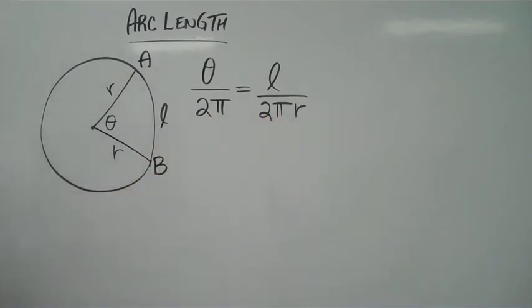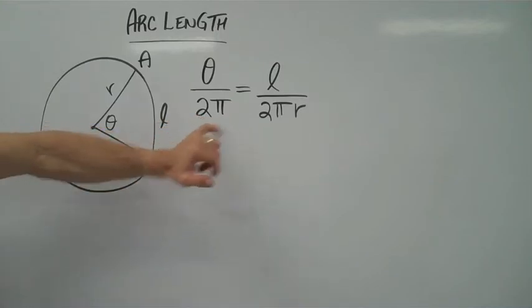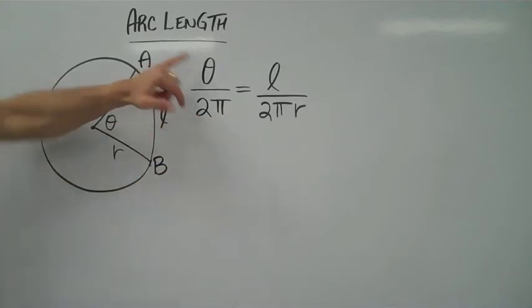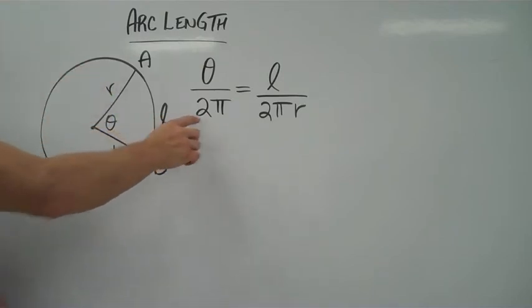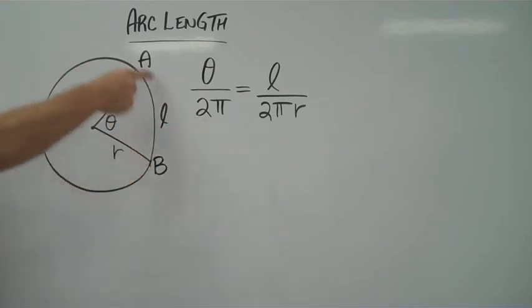So we can set up a proportion. If this L is proportional to this theta, well, this theta, we know, is a portion of 360 degrees. What's another way to write 360 degrees? 2 pi. So we're saying the angle at the center is to 360 degrees, or 2 pi, as the L is to the whole circumference.